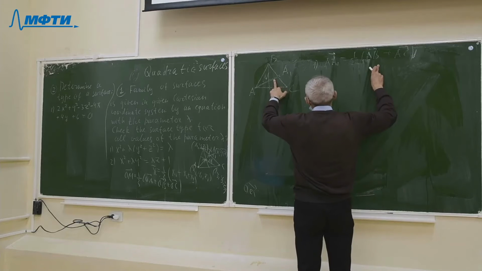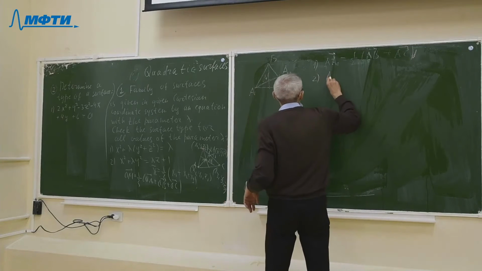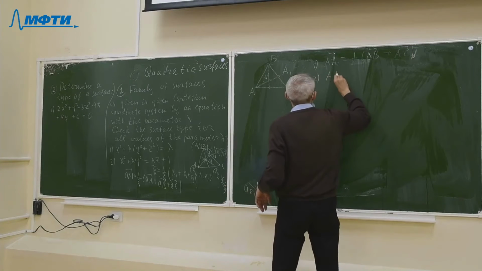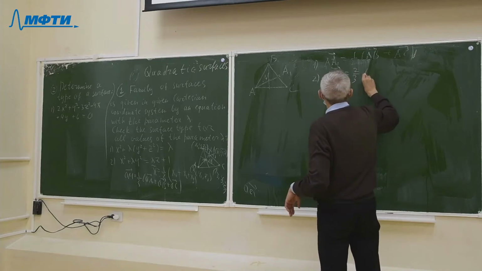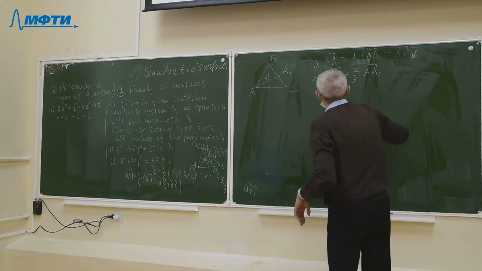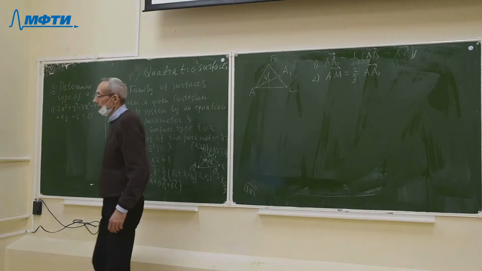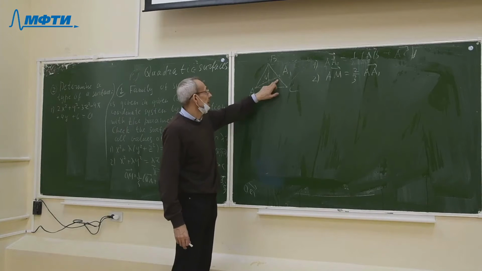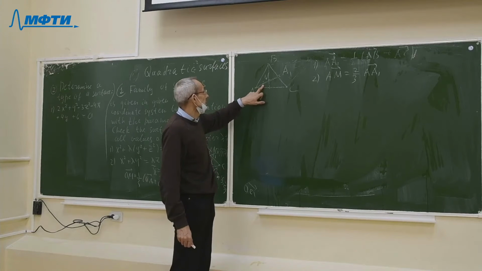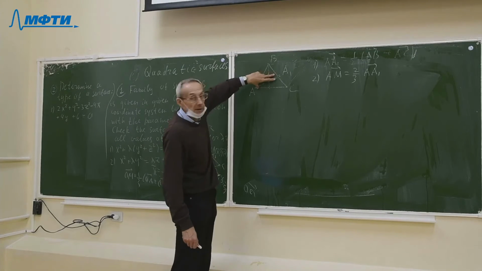And we have the following second fact: AM is equal to 2/3 of AA1. This follows from the theorem that the point of intersection divides any median in the ratio 2 to 1, so this length is 2/3 of the whole median.